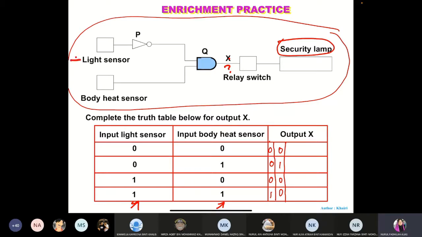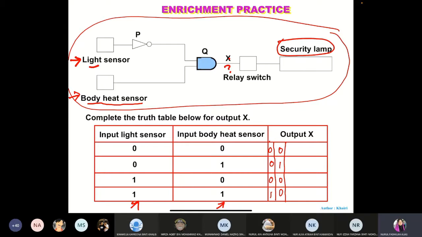Can you imagine this situation? The lamp lights up depending on the sensor. And then we have a body heat sensor. The light sensor means day or night. And then we have the body heat sensor.